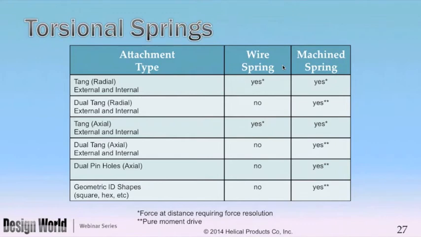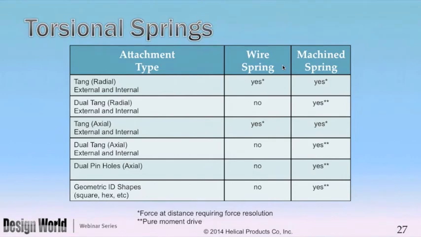They're also available in machine springs, but two tangs are not available, and it takes two tangs to get the perfect pure moment in there without having to force. Now, you can do some things by putting a moment across that tang, but still you then end up having to have everything go through a very sharp corner, and that usually becomes the weakest link in the wire spring.